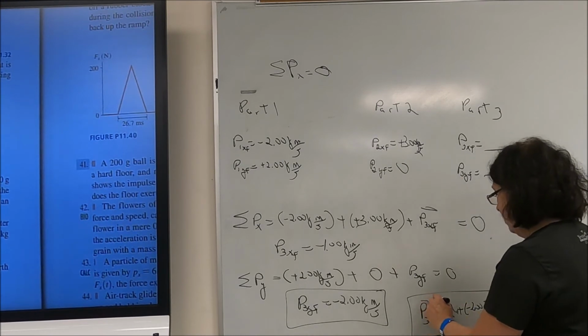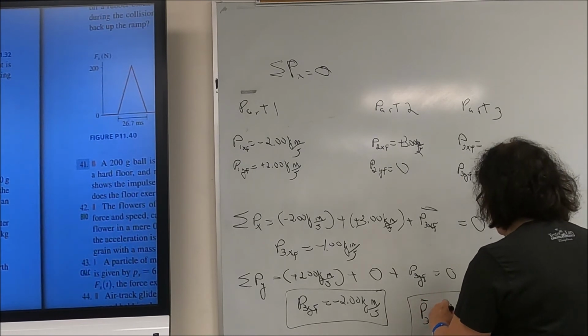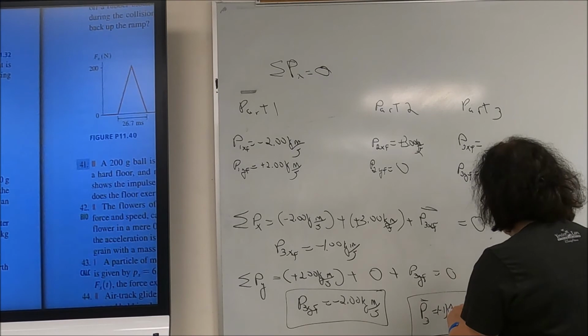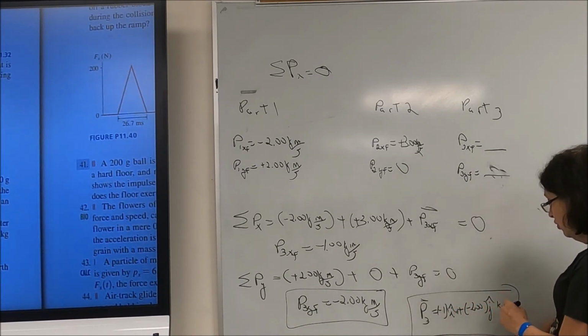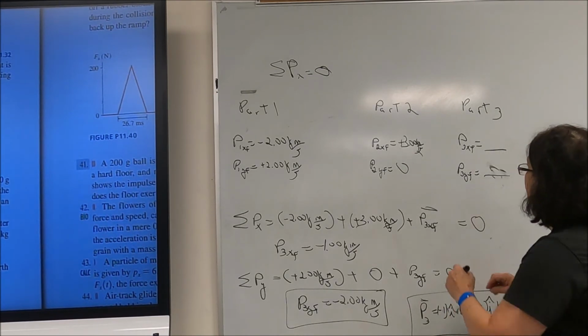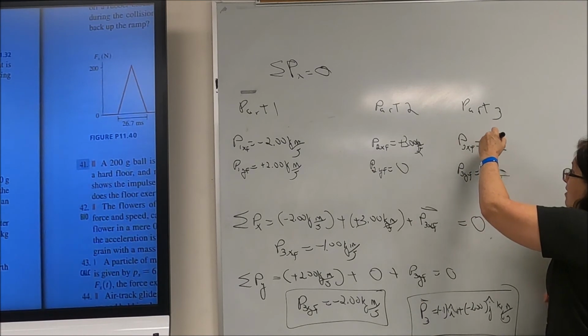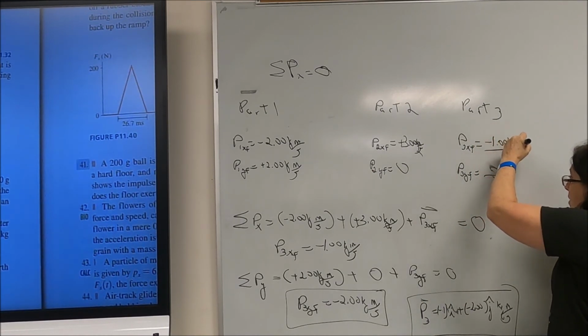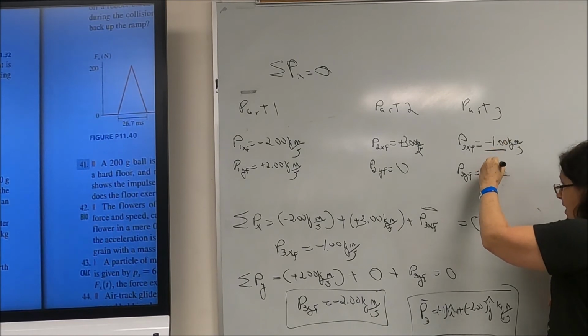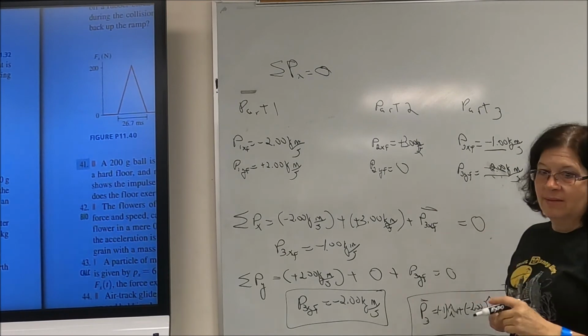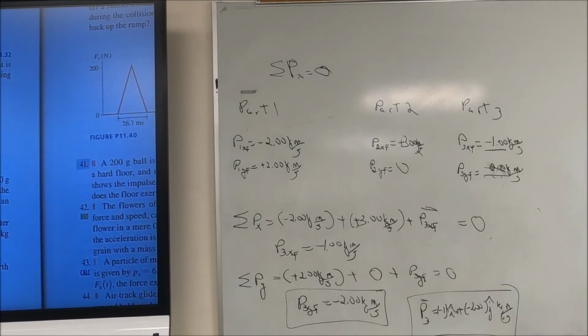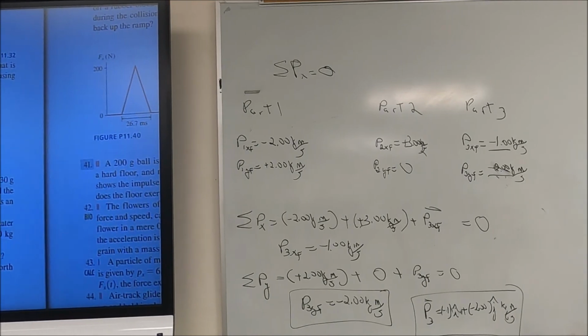So my momentum vector in ij form would be -1i plus -2j kilograms meters over seconds. So the x is -1 kilograms meters over seconds, and the y is -2 kilograms meters over seconds. And that looks much better.